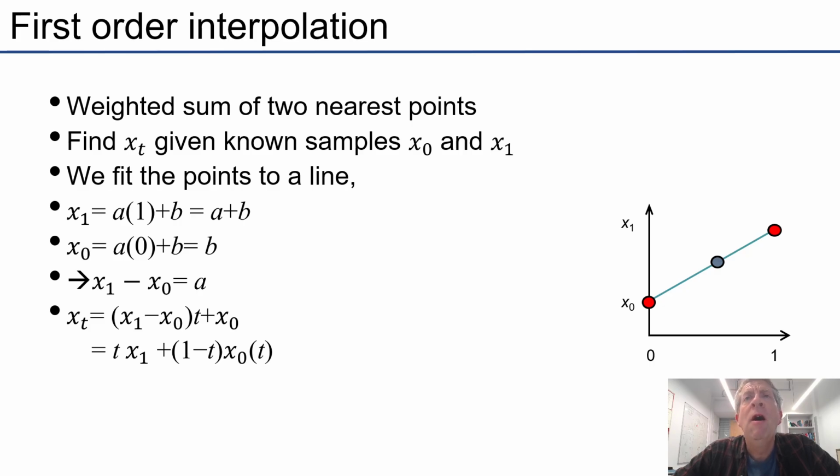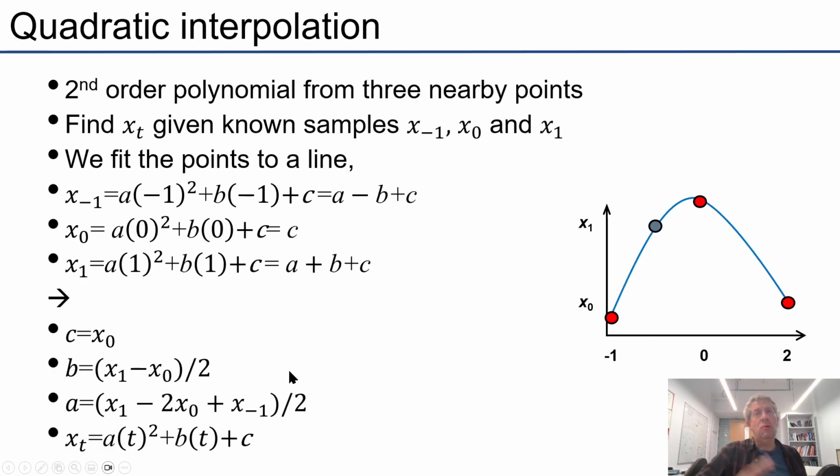Then we fit the points to that line. If we define the line as a times something plus b, we can define x1 and x0. That's the basic idea of first order. The math is also fully explained in the book.